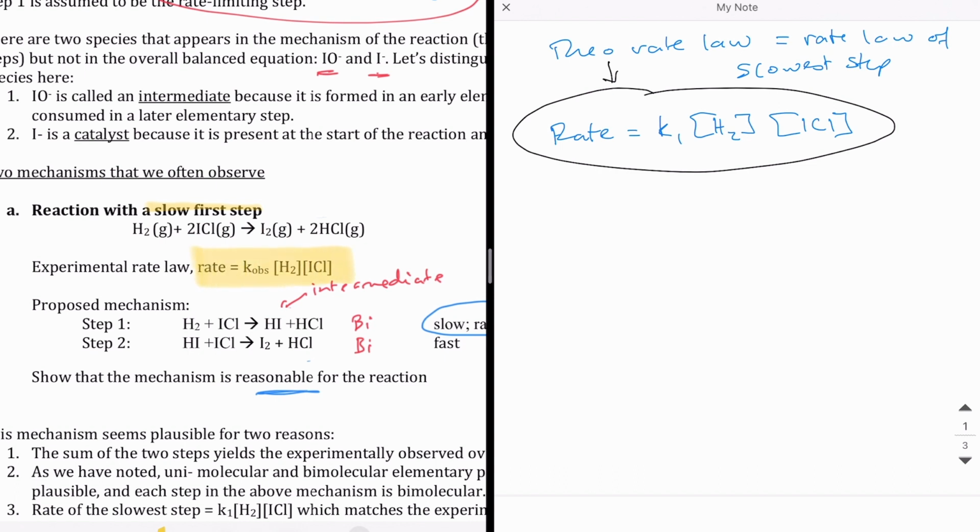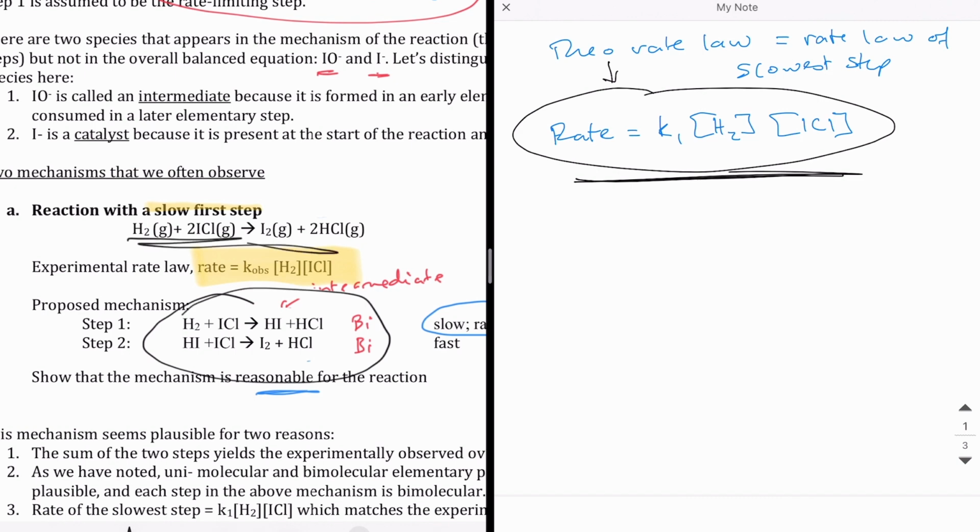It's rate equals k observed times [H2] to the first power, [ICl] to the first power. That's exactly the same form as the theoretical rate law that I just derived here. Since the two of them have the same form, we can say that the third requirement also has been satisfied. So therefore, that mechanism that we're given is reasonable for the overall reaction on the top.